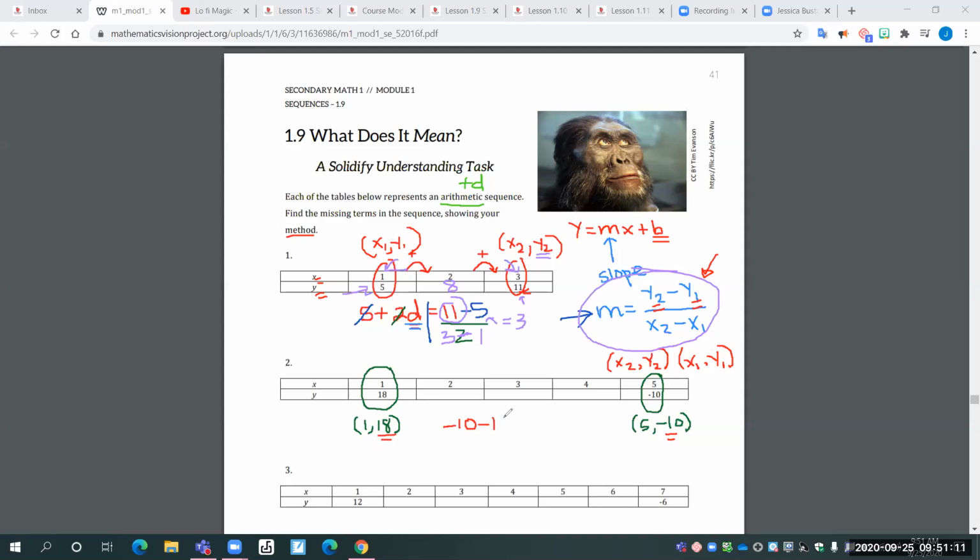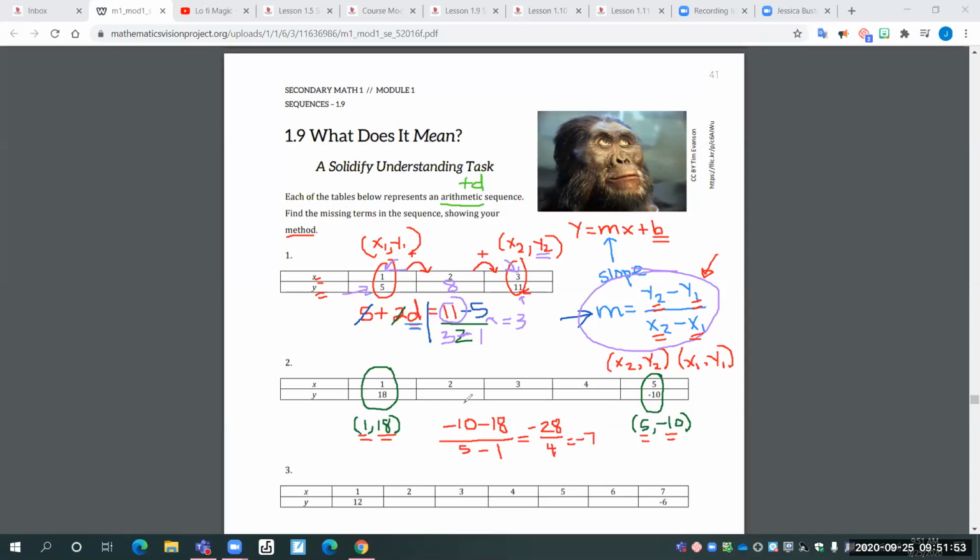Then we put that all over x sub 2, the 5, the second point, and you can make sure you're doing this correctly because the same point should be over each other, and we subtract x sub 1, the 1. With some mental math, negative 10 minus 18 is negative 28, divided by 4, which gives us negative 7.